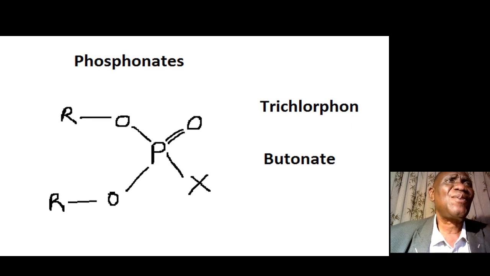Then phosphonates. Now on the phosphonates again you have oxygen surrounding the phosphorus, but we have the X group directly in contact with the phosphorus. This is what I mean.